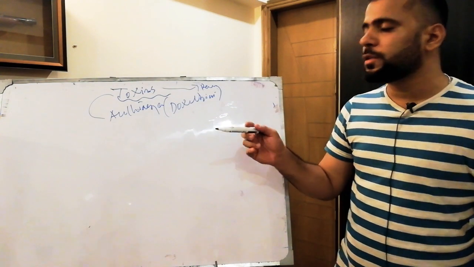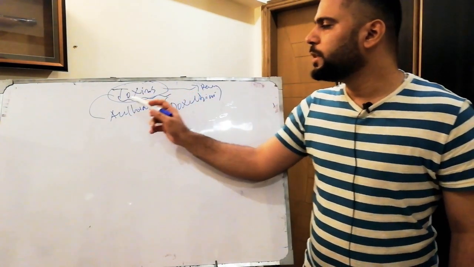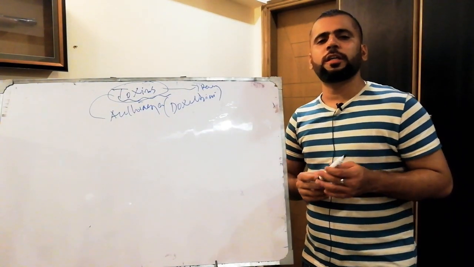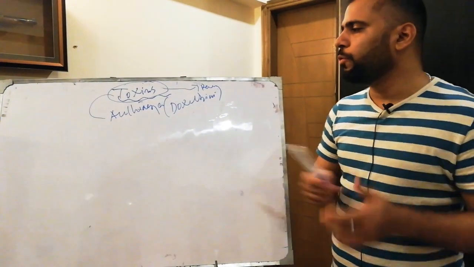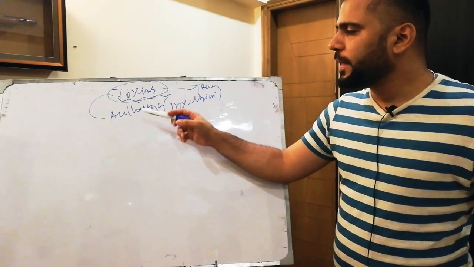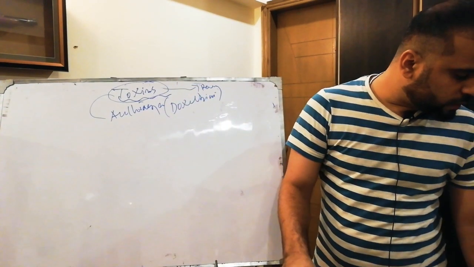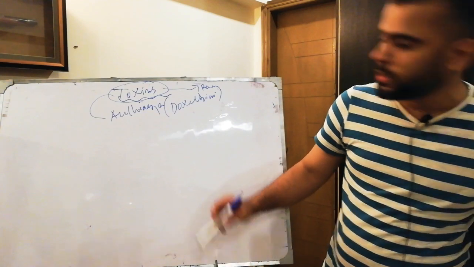Reversible cardiomyopathy means if you hold these drugs, then your ejection fraction and the function of the heart would get better by holding these drugs, or by the withdrawal of these toxins. So we have anthracyclines here, doxorubicin, epirubicin.